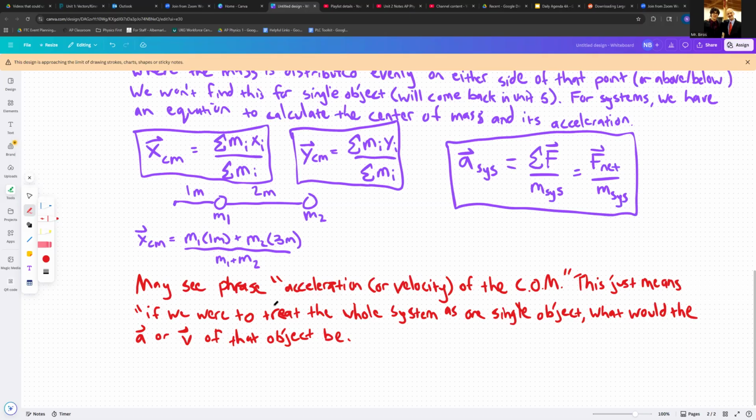So the easiest way to find the acceleration of the center of mass is just with the equation we have.